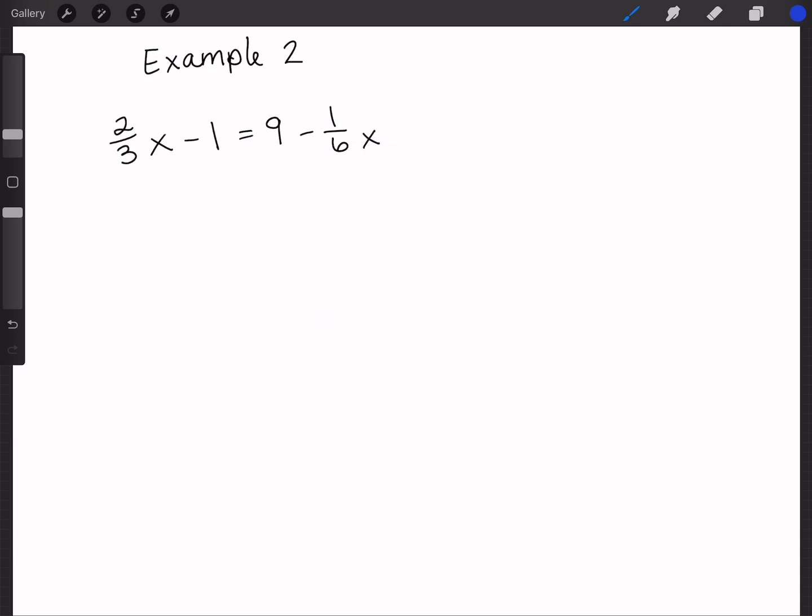In example 2, with rational numbers, I have 2/3 x minus 1 is equal to 9 minus 1/6 x.